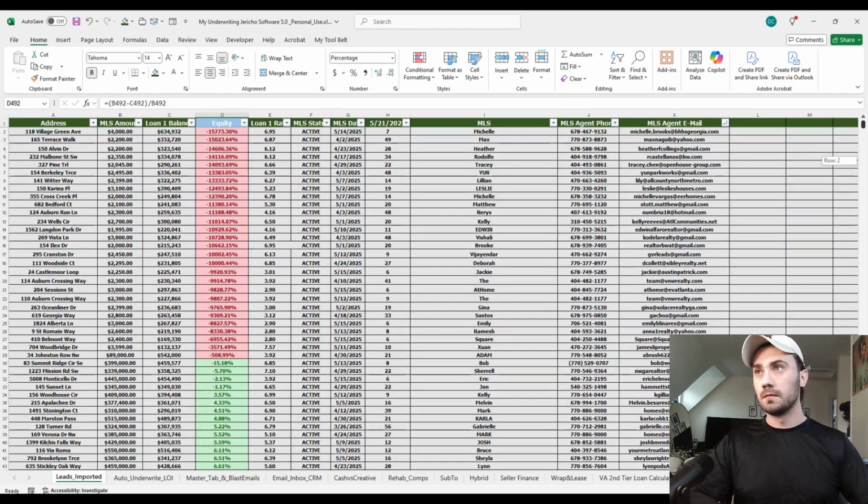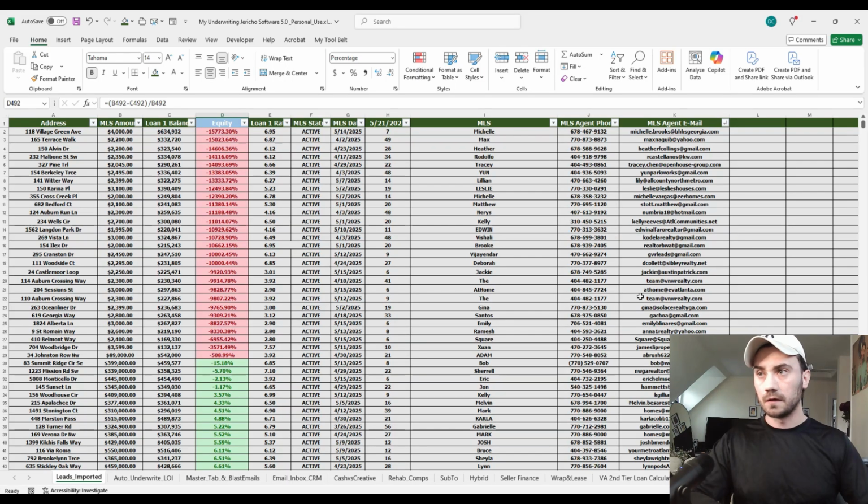Now, of course, if you're using a data set from PropStream, Batchleads, or whatever third-party service provider that you use, your data set quality is going to determine how well this is going to look for you. PropStream does a fairly good job, I'd say about 75 to 80% of the time, of giving you very accurate data.